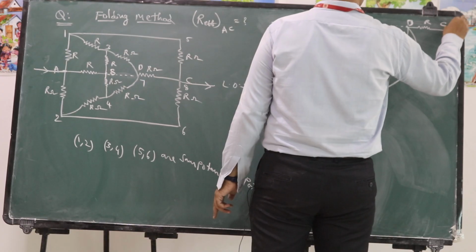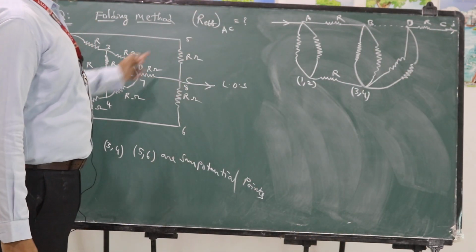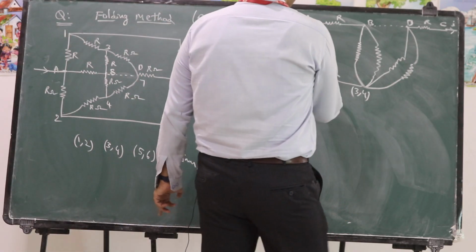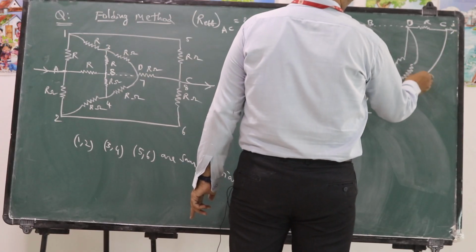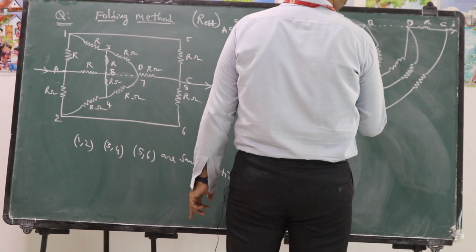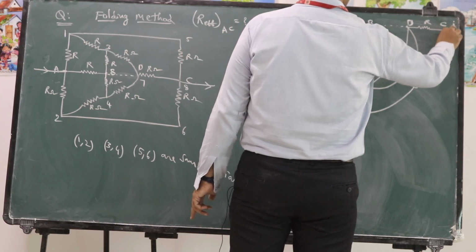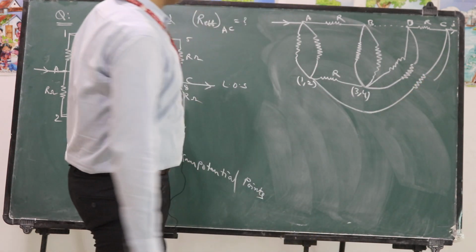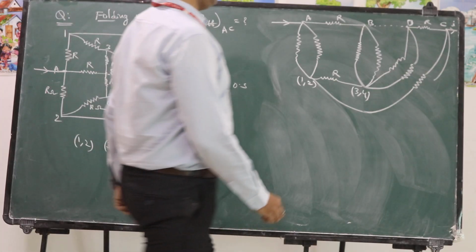From C, current is leaving out. Actually, from C, 5 and 6 are joining together.